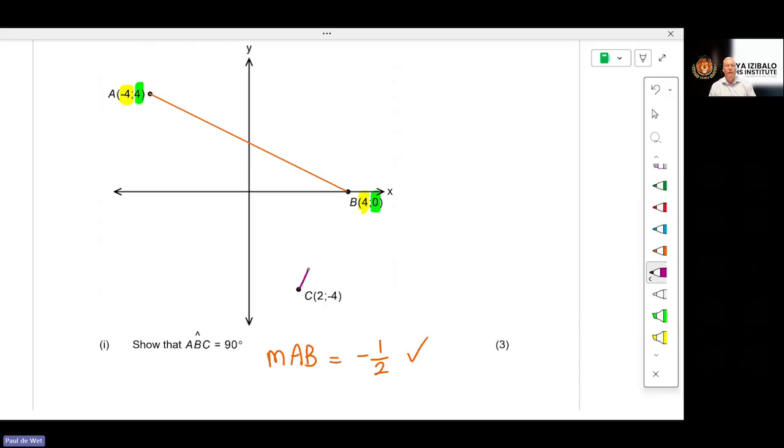Gradient of BC, yeah. It's 2. So the gradient of BC is 2. So now what? Yeah. Well done.